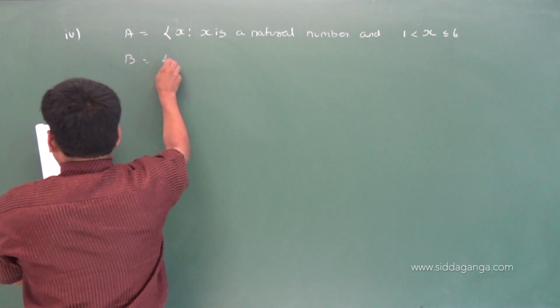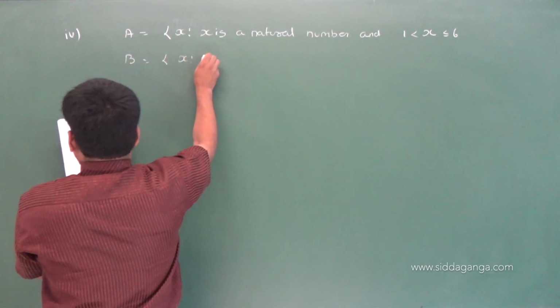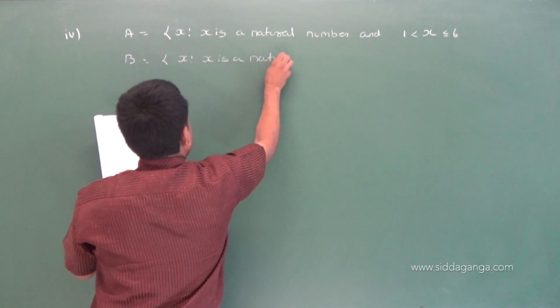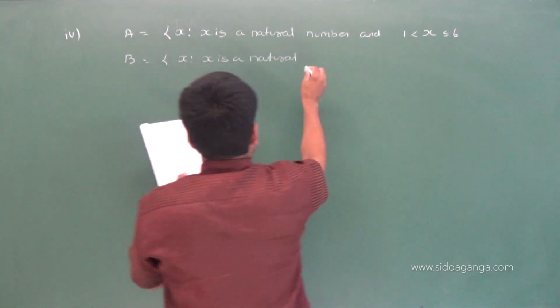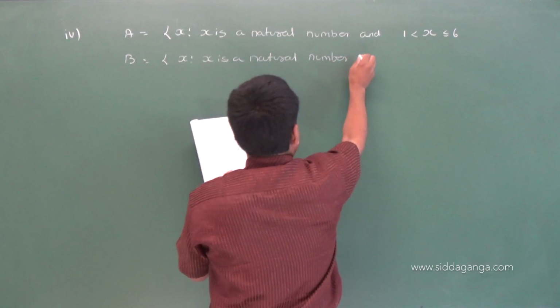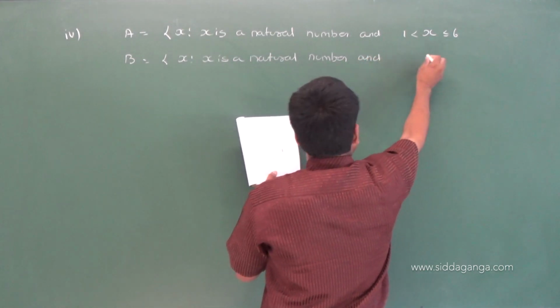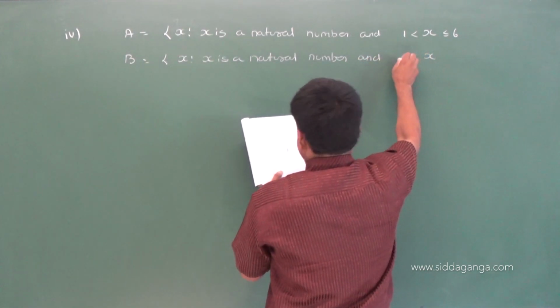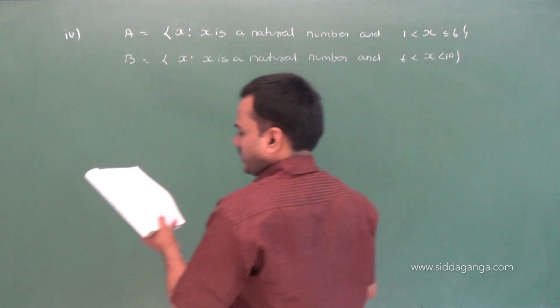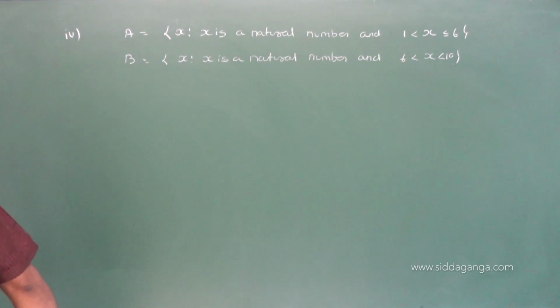B is equal to x such that x is a natural number and x greater than 6 and less than 10.